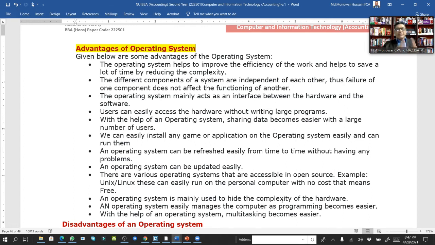There are various operating systems, and an operating system is mainly used to hide the complexity of the hardware, easily manage the computer, and make programming easier. With its help, multitasking becomes easier. These are the different types of advantages of the operating system.